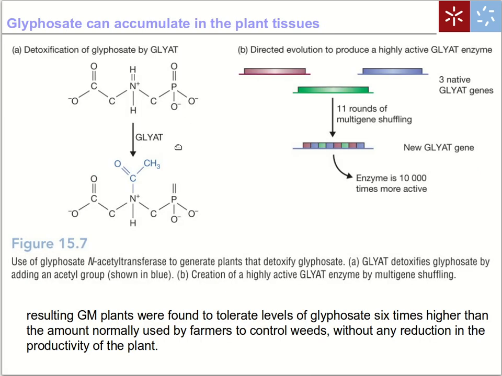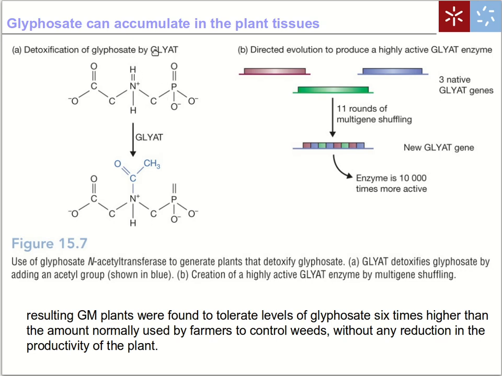In order to solve the problem, or the potential problem of glyphosate accumulation in the plant tissue, another kind of resistance mechanism was employed. A gene called GLIAT that encodes glyphosate acyltransferase was found in a bacteria, a Bacillus species.